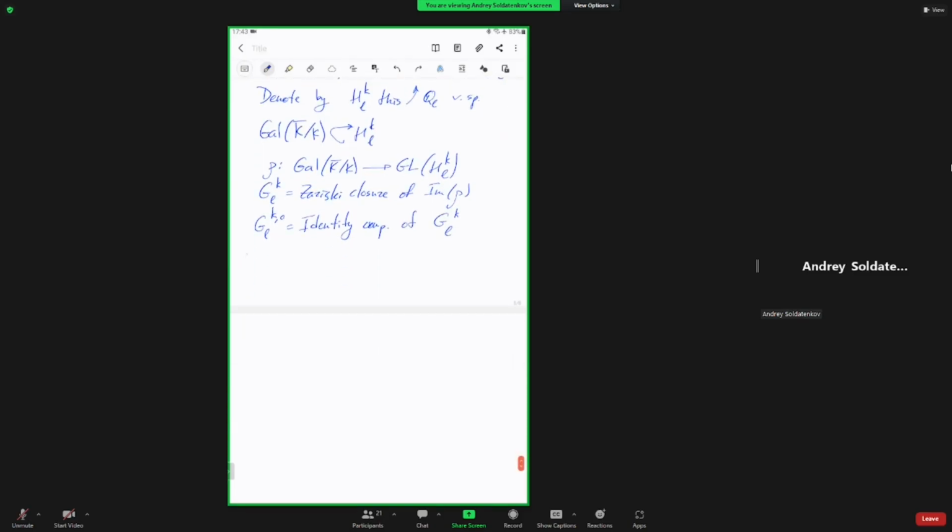So let's recall. We have H^k with complex coefficients, which is decomposed, as I have recalled already in the beginning, like this. And then there is a C-star action on this space.